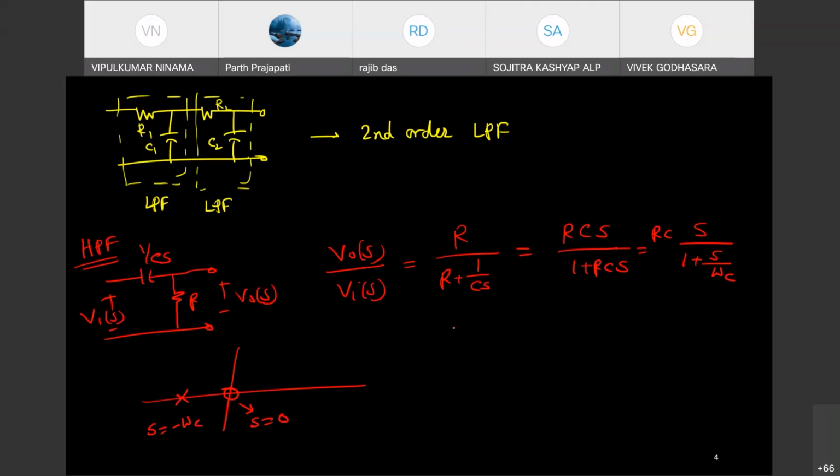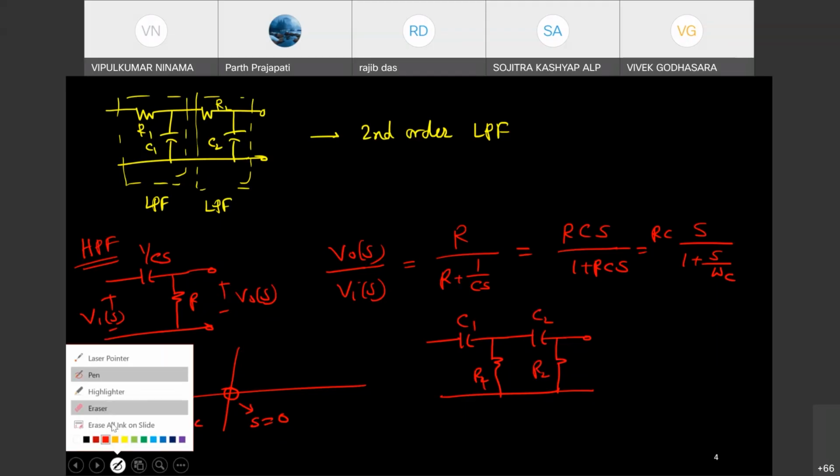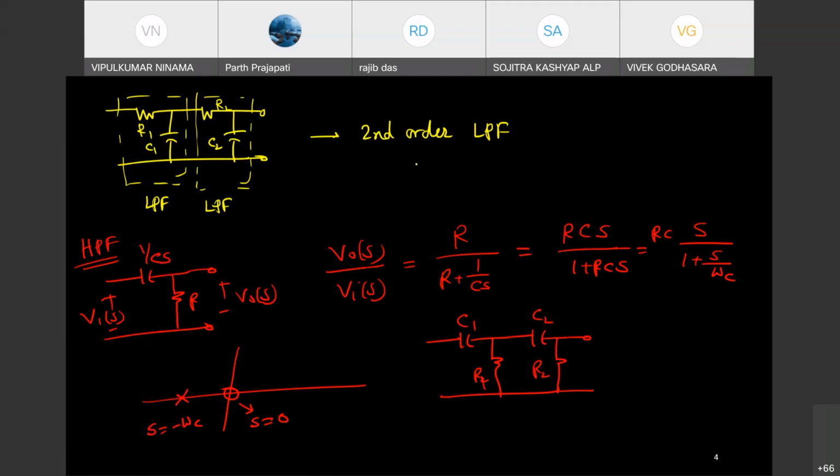Similarly, you can cascade these two blocks to get this second order high pass filter. Okay, C1 R1 and C2 R2. And what could the transfer function be? In the above low pass filter, H(s) for the LPF, you should have some constant only, 1, nothing else.